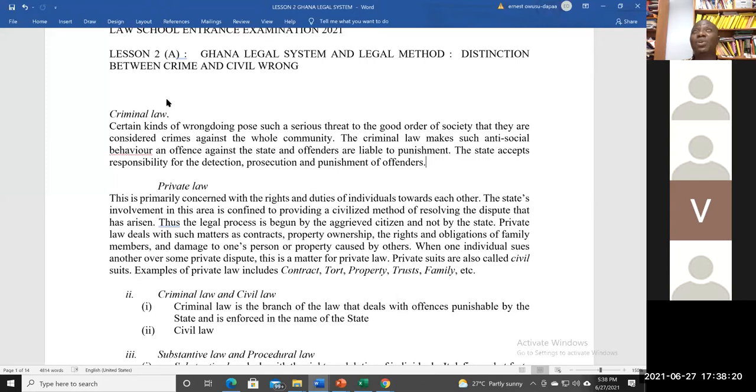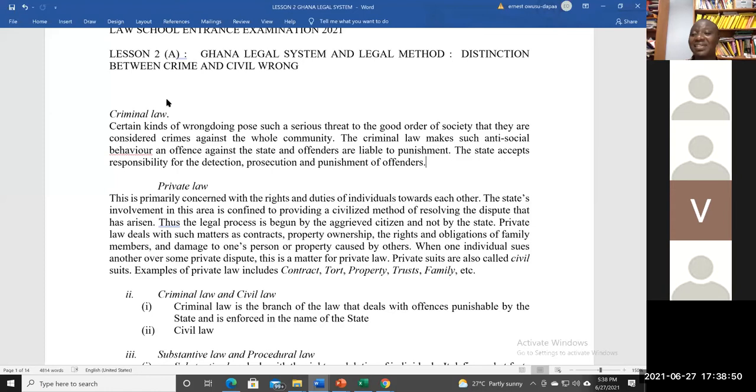Yeah, I think if you look at these matters, you should have made a reasonably good preparation as far as the Ghana legal system aspect of your examination is concerned. In terms of the MCQ and the possibility of Ghana legal system questions coming, we can definitely not rule that out.